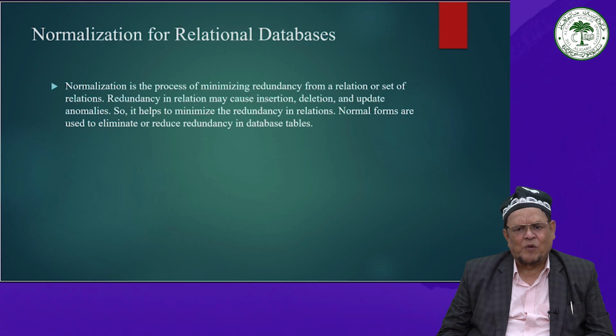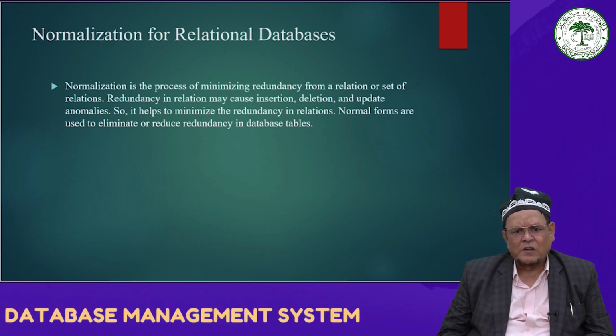It means that if anomalies occur at the time of insertion, updation, and deletion, then we can say this is not normalized. So it helps to minimize the redundancy in relations. Normal forms are used to eliminate or reduce redundancy in a database.